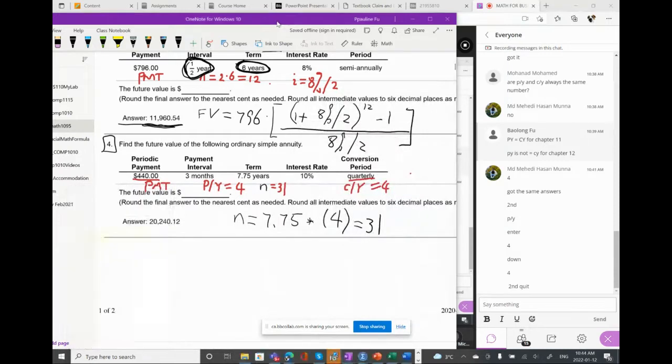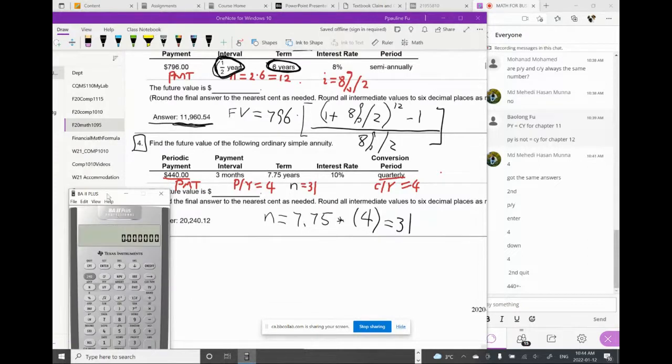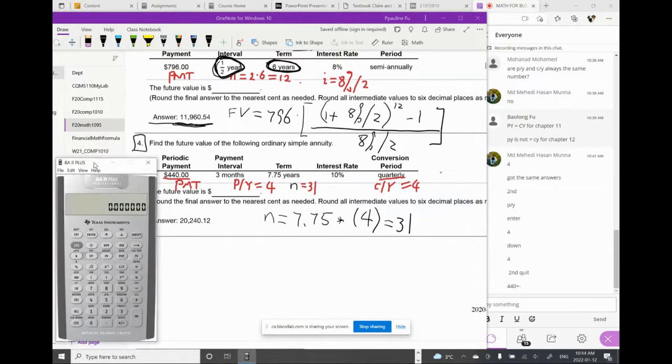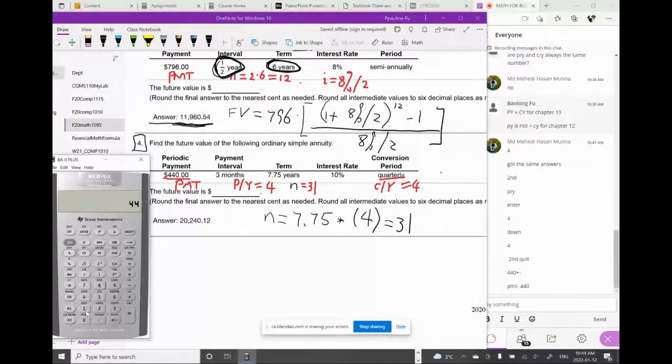Let me arrange my window so that you can see the question and my calculator. Okay, it is better. Future value. Now enter 440, negative, PMT.